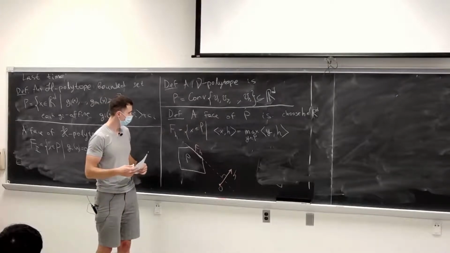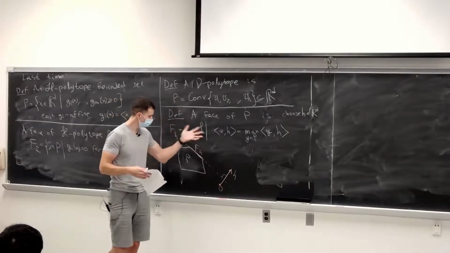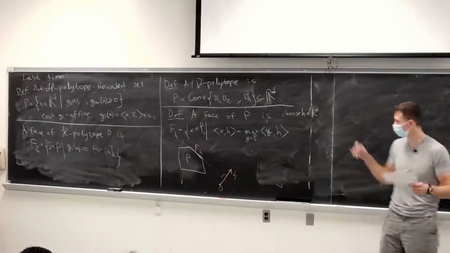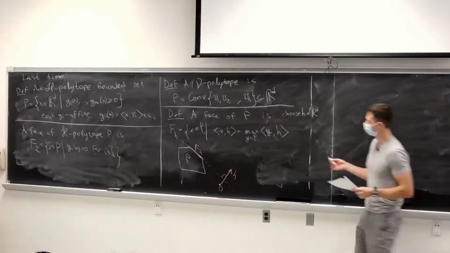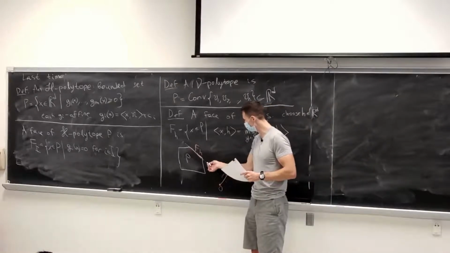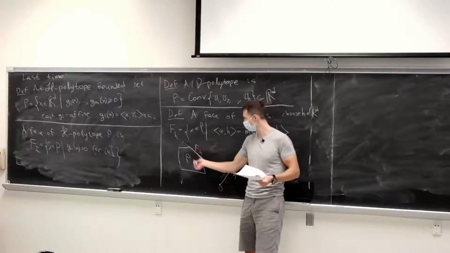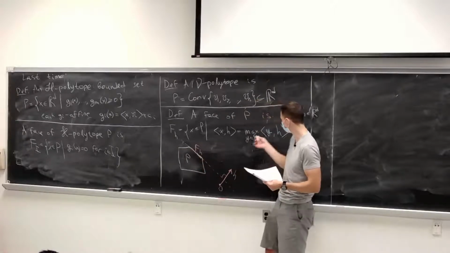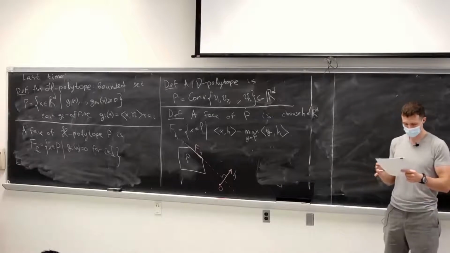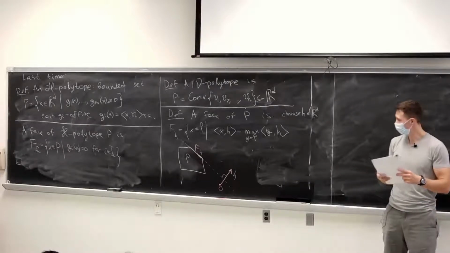But mathematically, this is very convenient to work with, because you can take any vector, and it's usually not too hard to figure out which points of your given combinatorial polytope have the maximum value of the dot product with h. So yeah, that's it.